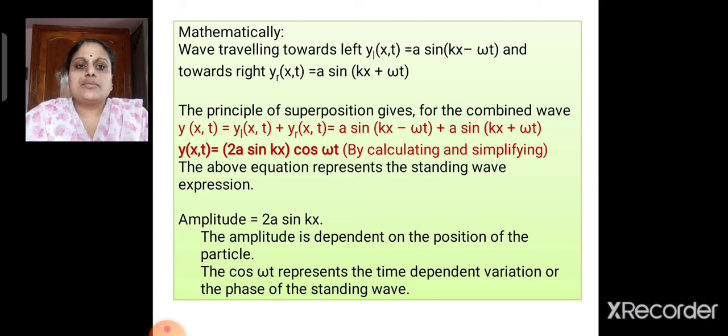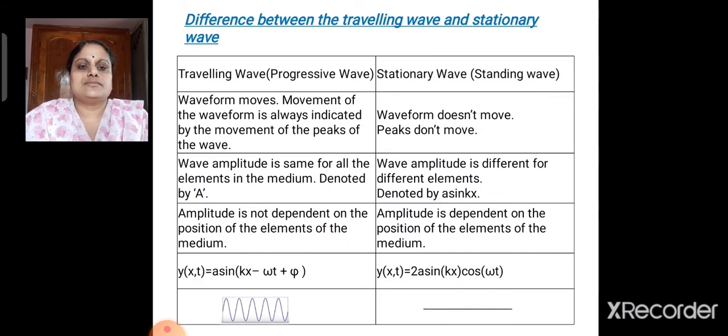As we can see from the above equation, the amplitude of the standing wave pattern will be 2a sin kx. That is, the amplitude is dependent on the position of the particle. Cos omega t represents the time dependent variation or the phase of the standing wave.